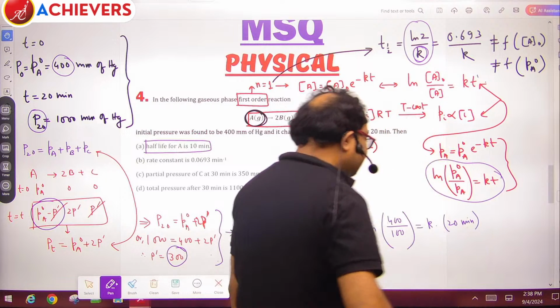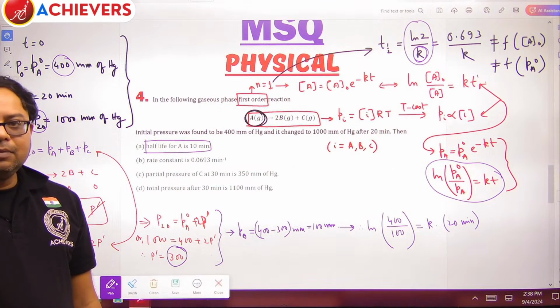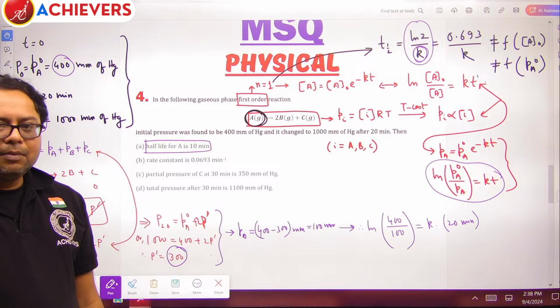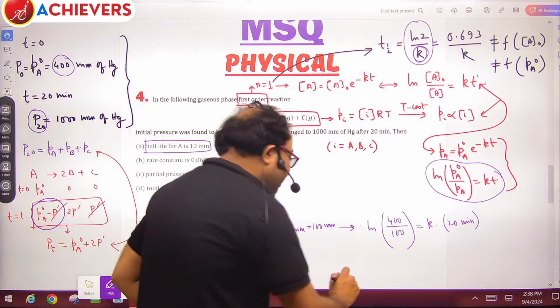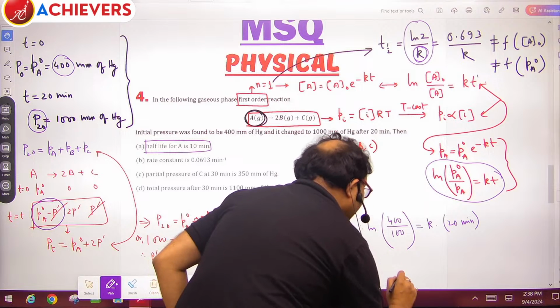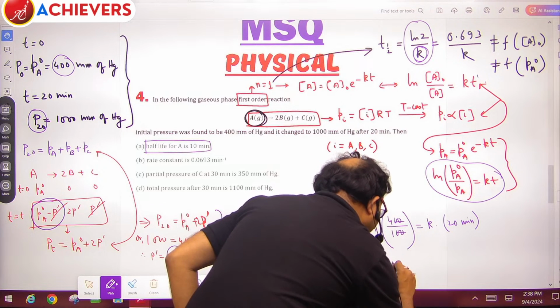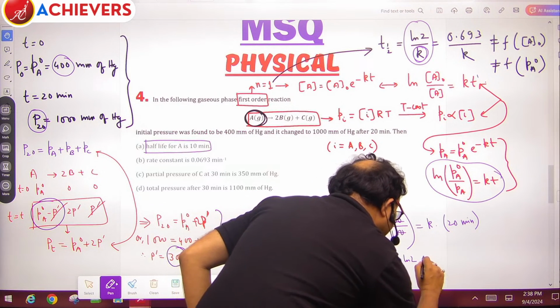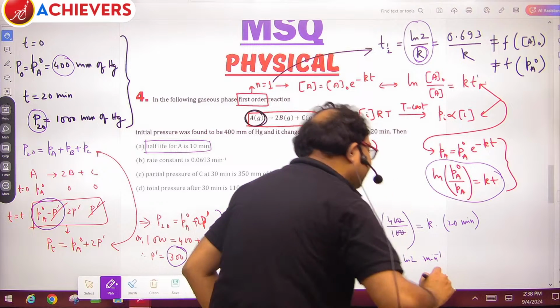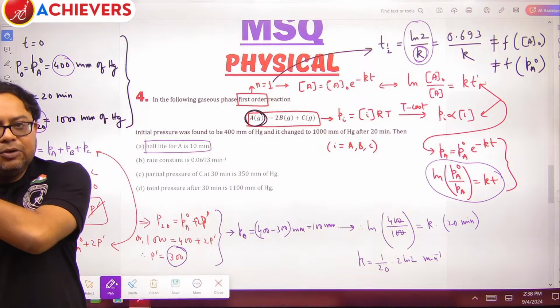T is 20 minutes. So what is the value of K? K is 1 by 20 ln 4. ln 4 means 2 ln 2. The unit will be minute inverse.